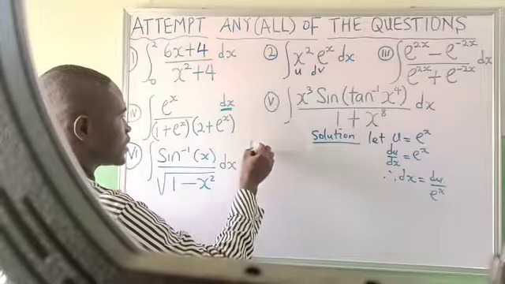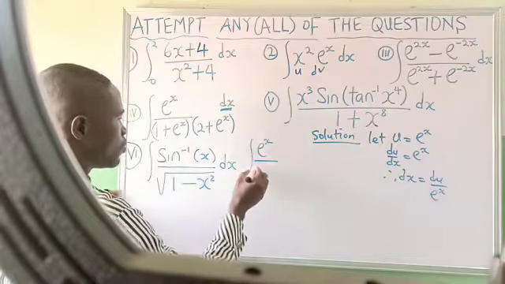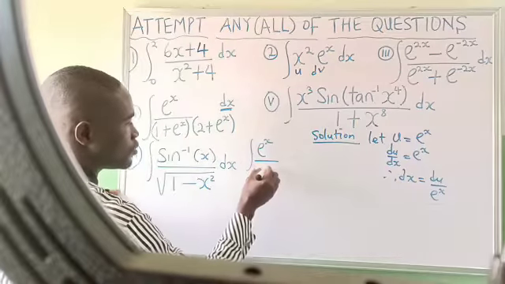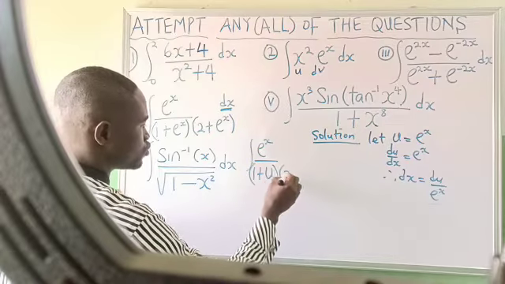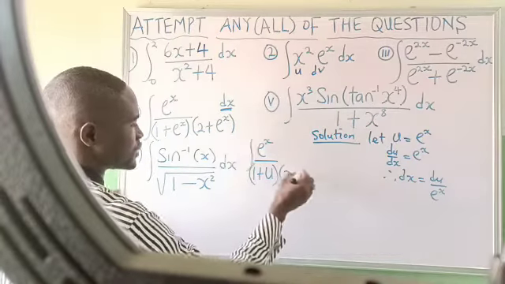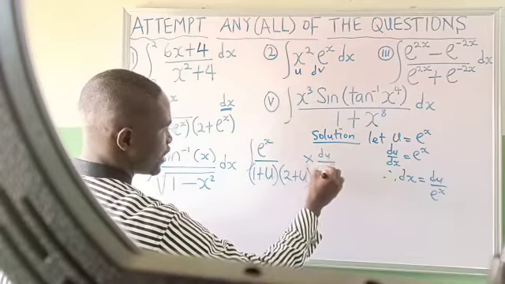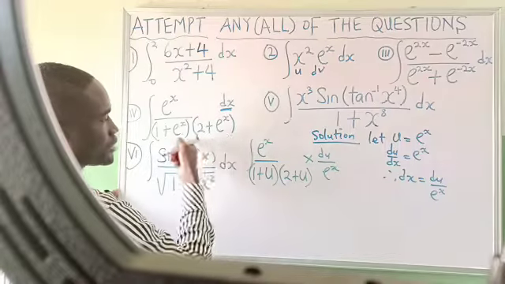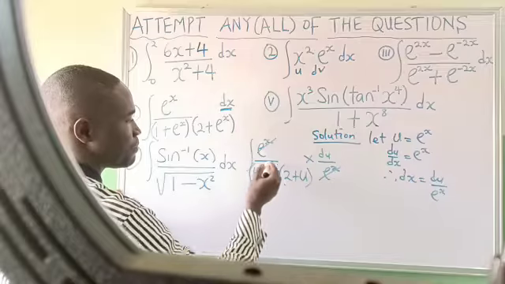You come here and replace it. You say integral exponential x all over 1 plus, what is our u? Exponential x, bracket 2 plus, what is exponential x? u, times du over exponential x. So we are looking at a way to cancel this, and we see it is possible. So this will cancel this.